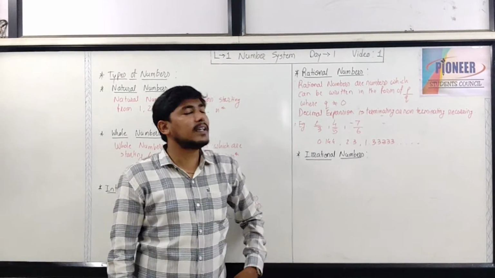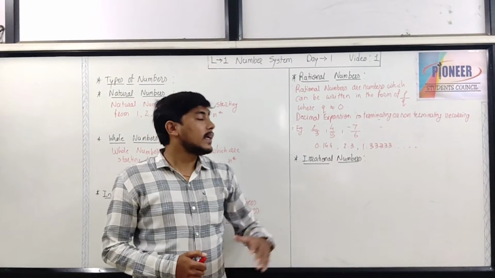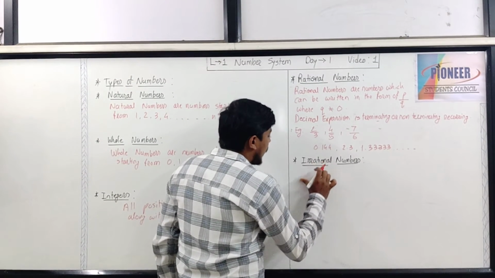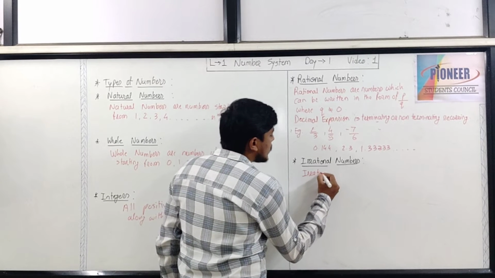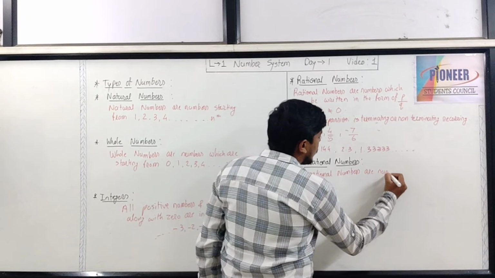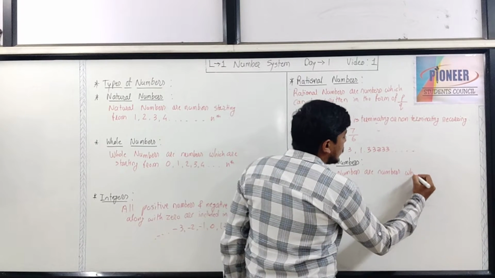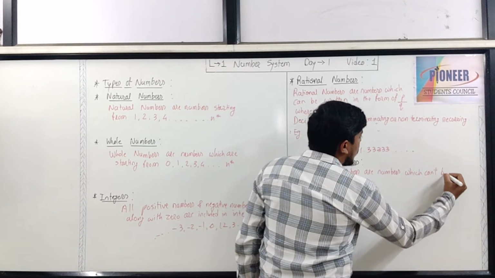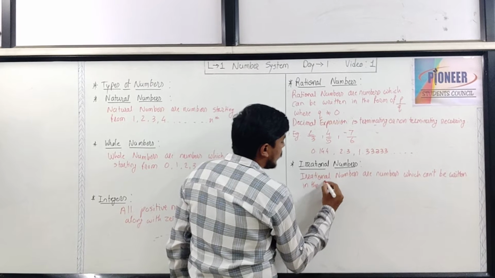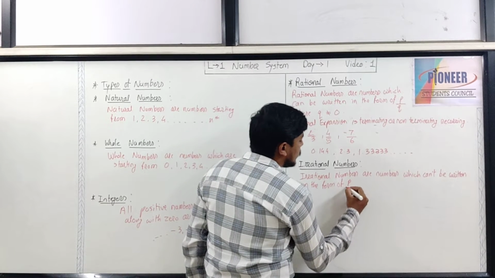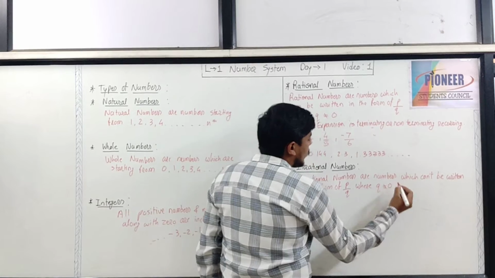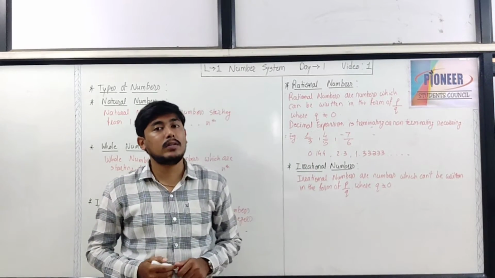Rational numbers are numbers which can be written in the form of p upon q, but irrational numbers cannot be written in the form of p upon q, where q is not equal to 0. These numbers cannot be written in the form of p upon q.